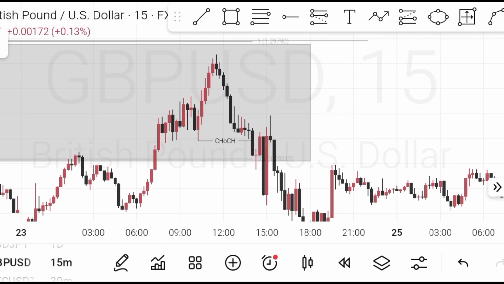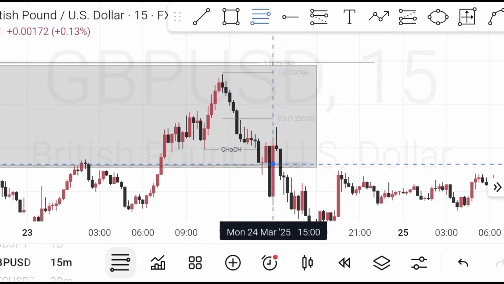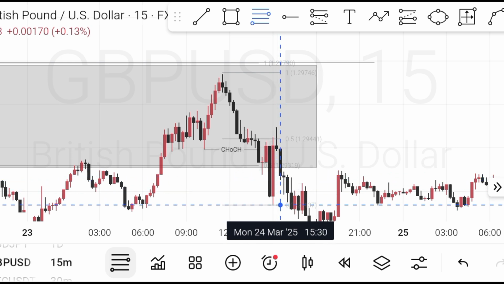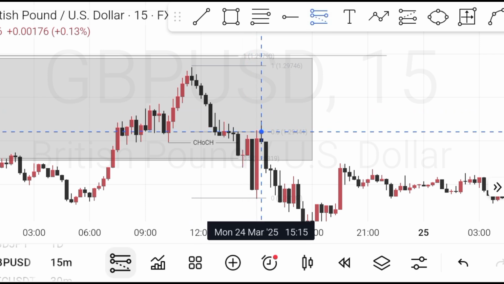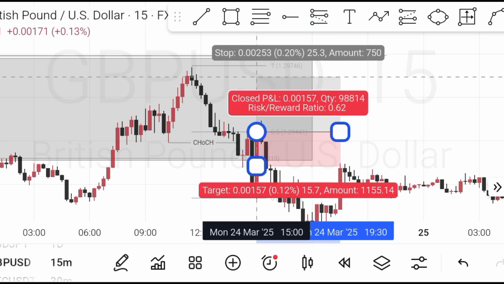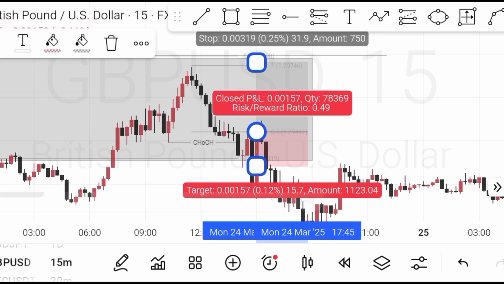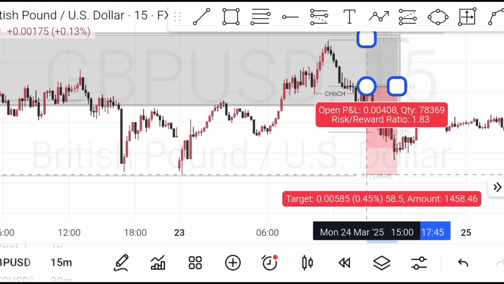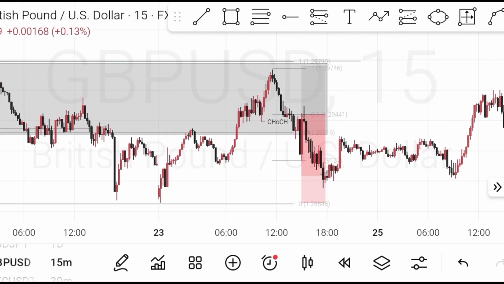And if I was to draw this out from swing high to swing low, okay, this is the swing low, so you can see price came back to the swing low. You can take your SL like this, and then you target all the way to the downside like this.